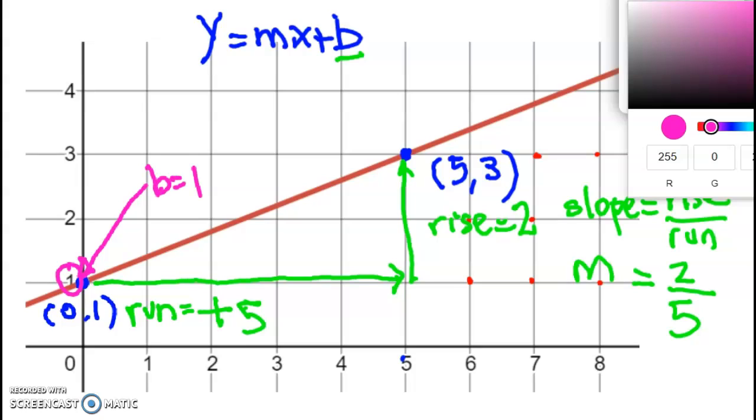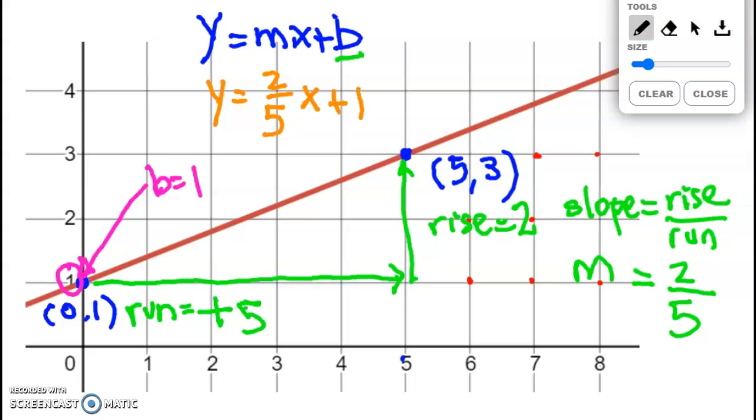So I figured out what m is. I figured out what b is. Now putting it all together, I can say y is equal to m. What is m? That's the 2 over 5. And then there is a variable x. That's the input value. And a lot of students forget to put the x there. If you do not have the x here, it just becomes 2/5 plus 1, which is not a linear equation.